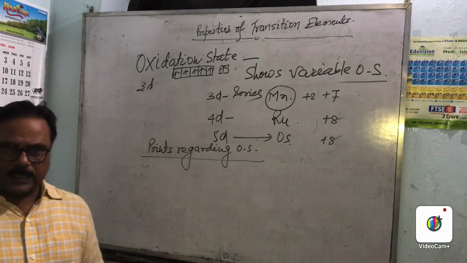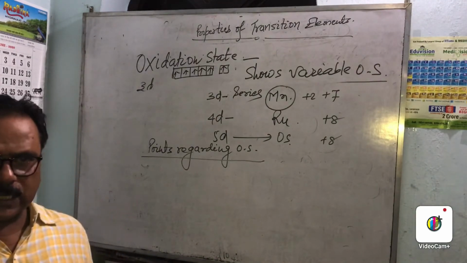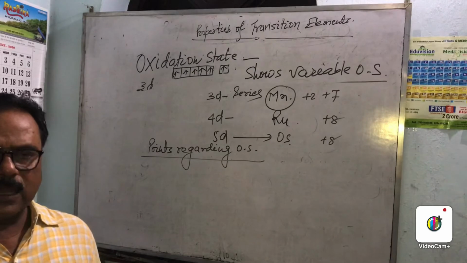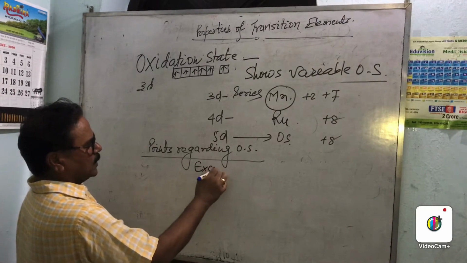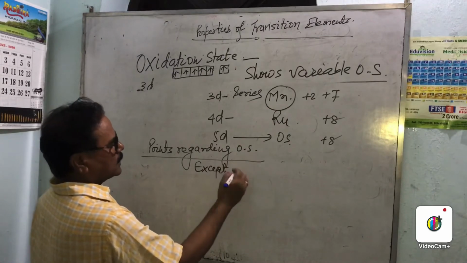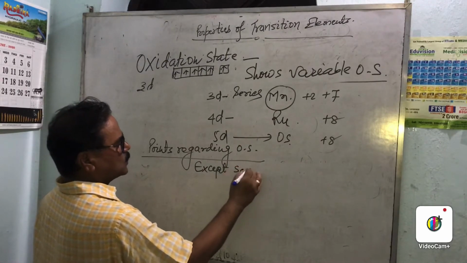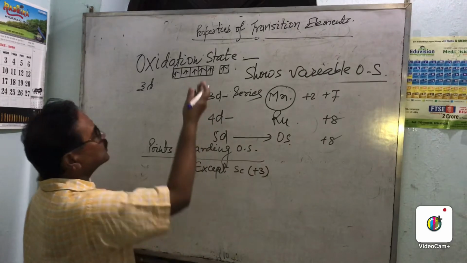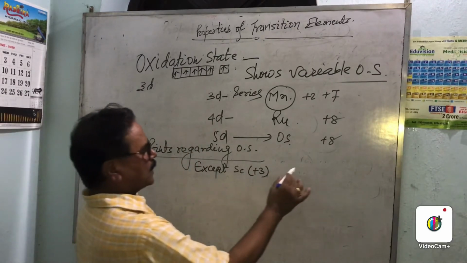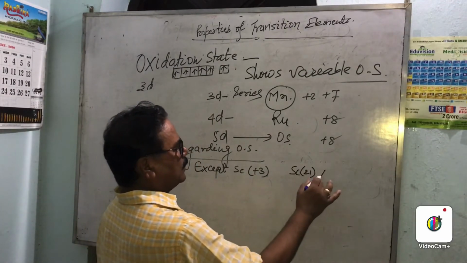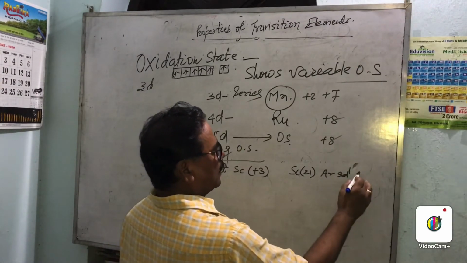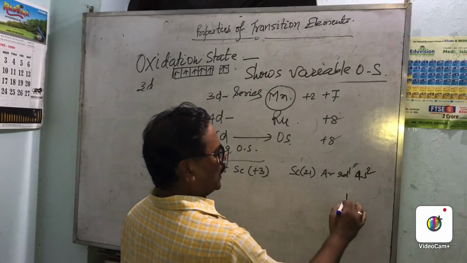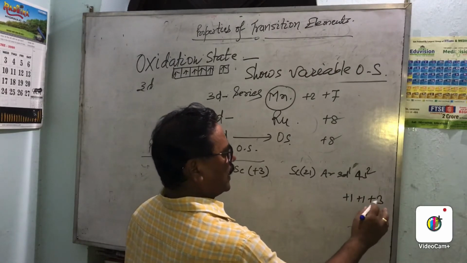The first transition series shows the +2 state as the common oxidation state, except scandium, which shows +3. And why does it show +3? The configuration of scandium 21 is argon 3d1 4s2, so +1, +2 and +3 I have written.